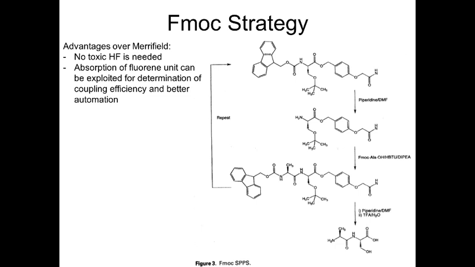I told you on the last slide, this is really a kind of dangerous step, and the absorption of the fluorine unit can be exploited to determine the coupling efficiency, and this leads to better automation of the process.